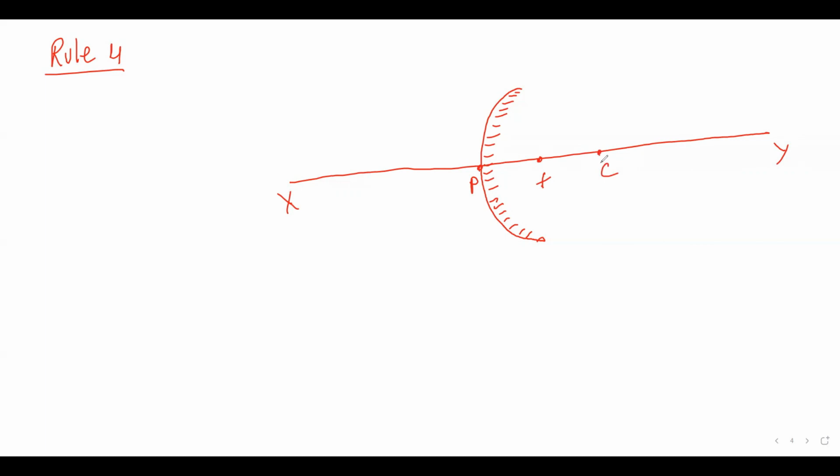The fourth rule says that a ray incident on the pole will reflect back making same angle with the principal axis. If the incident ray is making an angle theta with the principal axis, reflected ray will also make same angle with the principal axis.